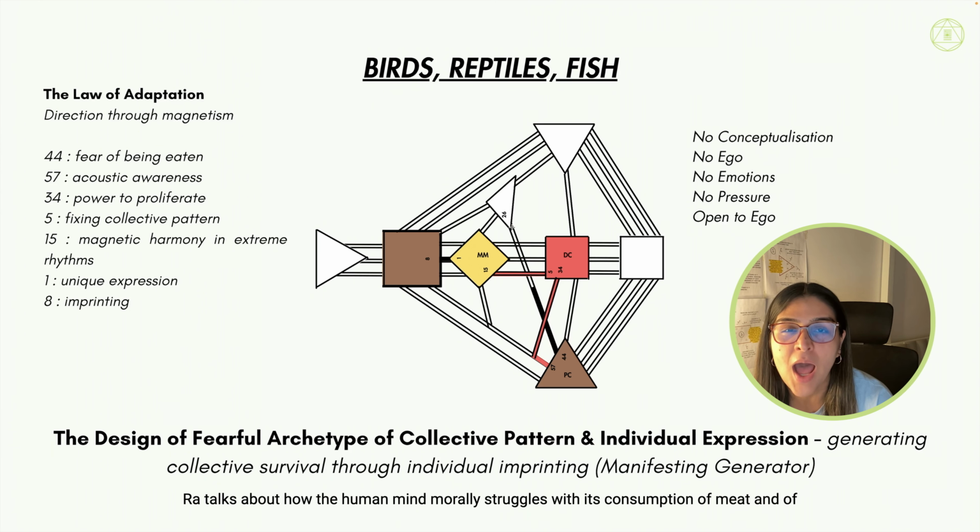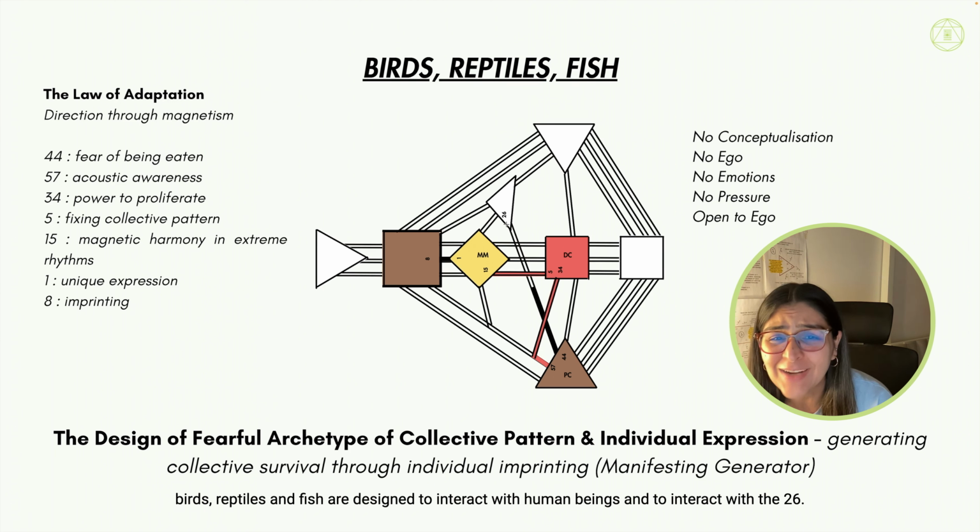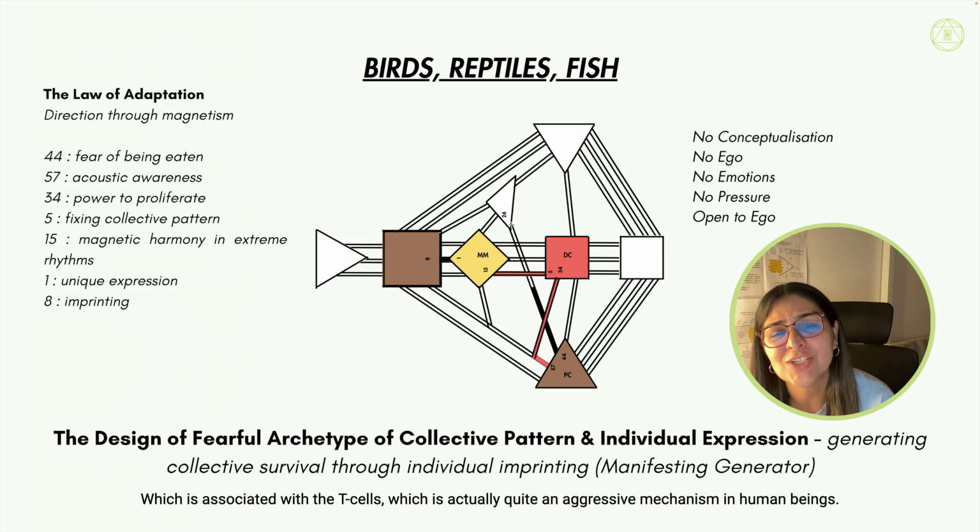Ra talks about how the human mind morally struggles with its consumption of meat and of birds, reptiles, and fish. But actually, when you look at the design, it becomes very obvious that birds, reptiles, and fish are designed to interact with human beings and to interact with the 26, which is associated with the T cells, which is actually quite an aggressive mechanism in human beings.